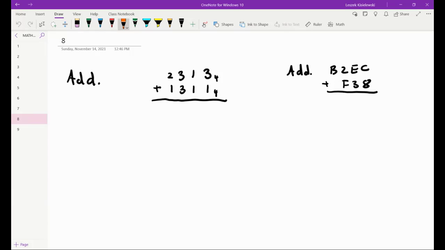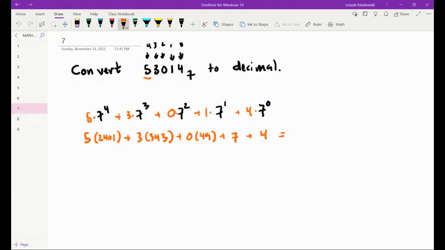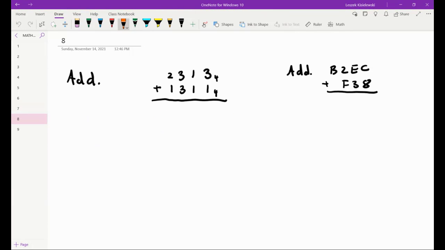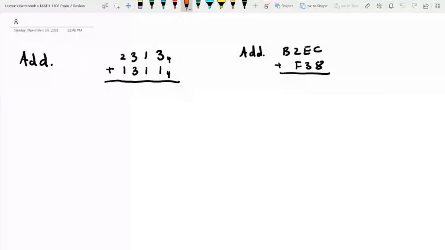All right, so now we want to add numbers in bases other than base 10. So I guess what are the rules? If you add digits and you get something that's the base or higher in value, then you just subtract the base to see what you get.